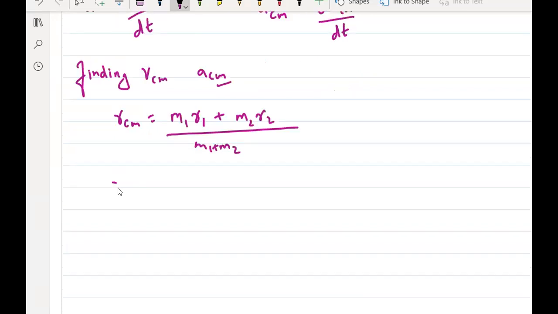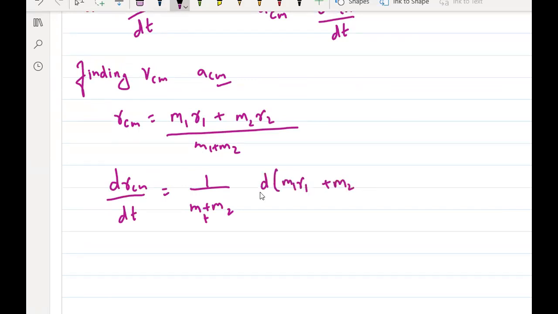So can I say, sir, dRCM by dt is equal to, now since M1, M2 will be constant, I will just take this outside, and it will be d of M1R1 plus M2R2 by dt.